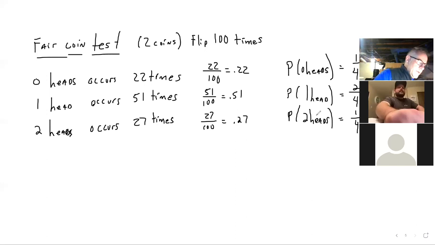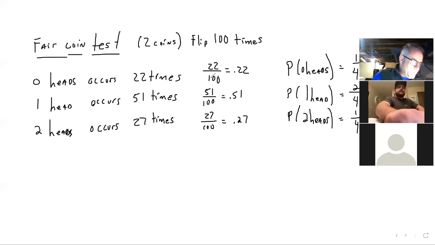So basically we've come up with two approaches to finding probability. There is the theoretical probability, which we have right here, or the empirical, where we actually do an experiment.